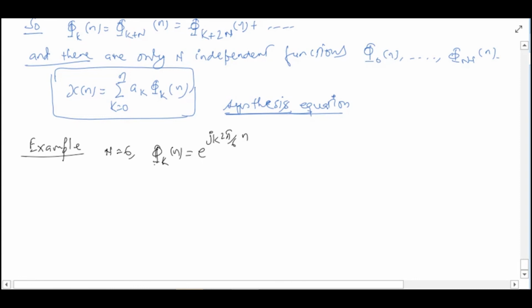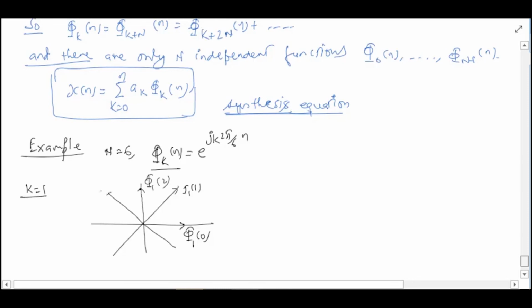Let's see how these values will look. So k equals 1. In this case we'll have the complex exponential as follows.